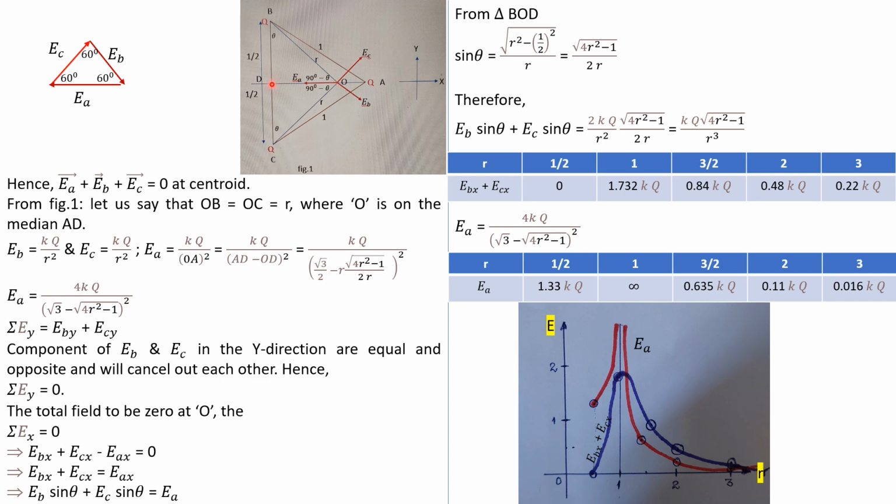For EA, you will write K into Q by OA square, but OA is AD minus OD, so (AD minus OD) whole square. But AD is root 3 by 2, from this triangle ABD, or you can get it from ACD also. The result is the same.